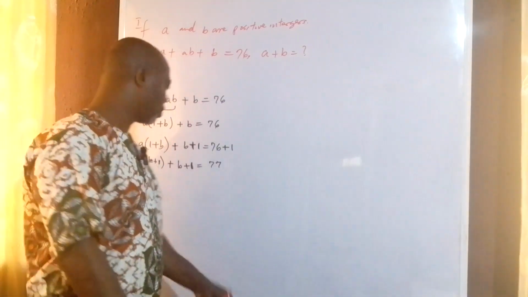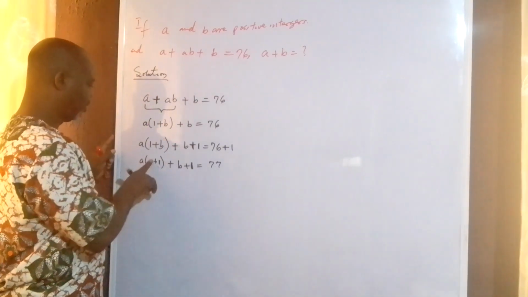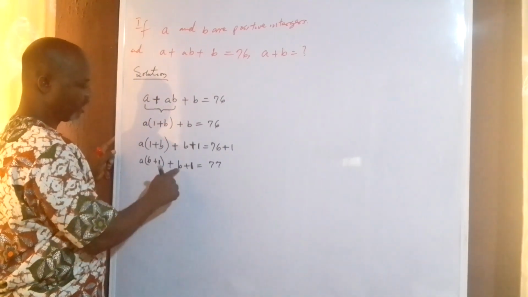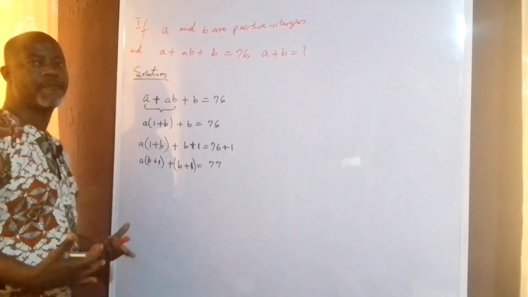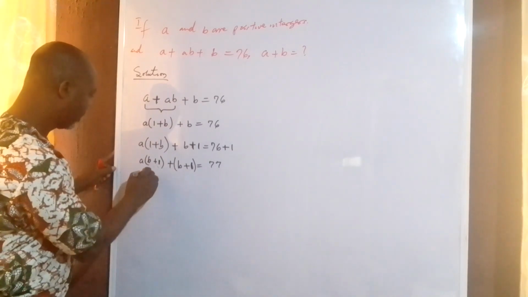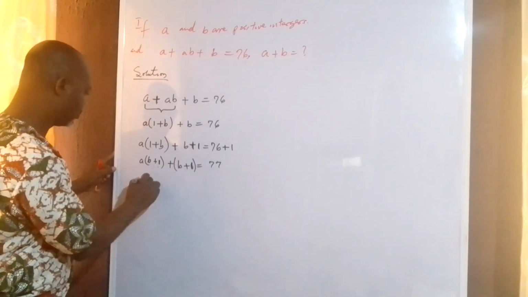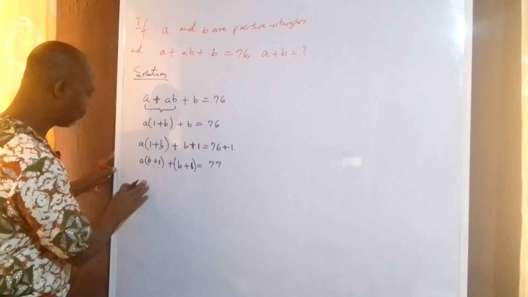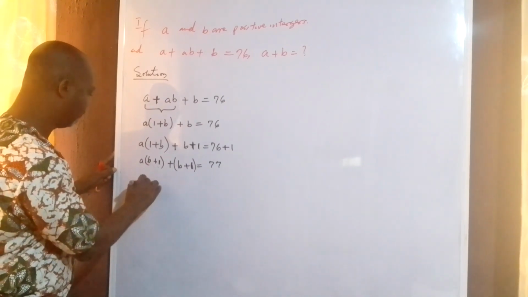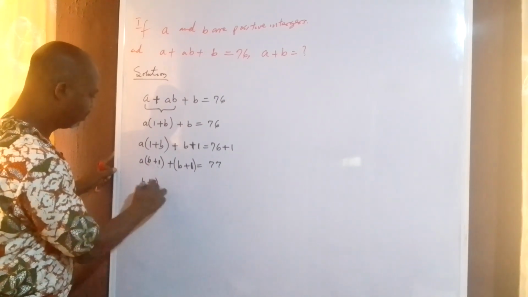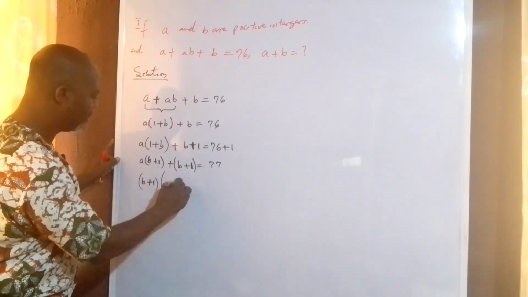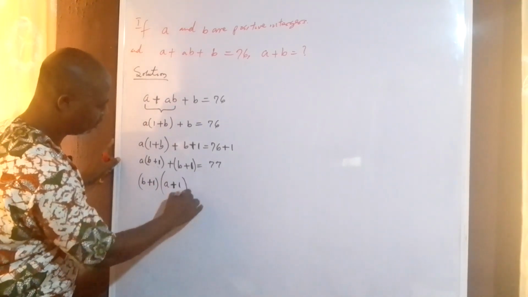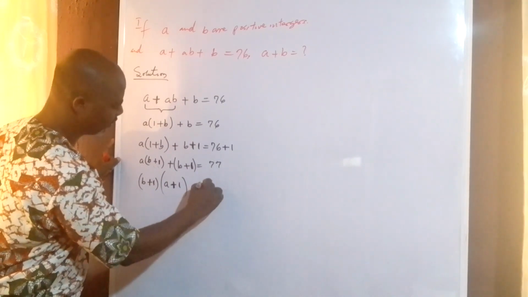So I have b plus 1, and then I have another b plus 1. I can consider b plus 1 as a common factor and bring it out. That means I want to factor out b plus 1. Then inside the bracket I'm going to have a plus 1 equal to 77.